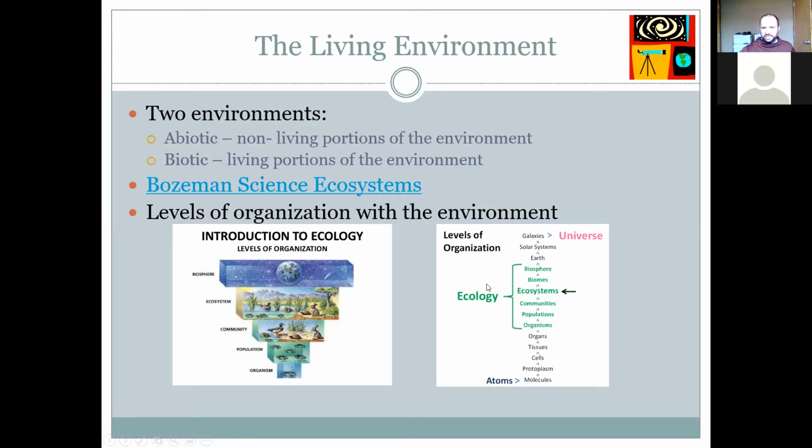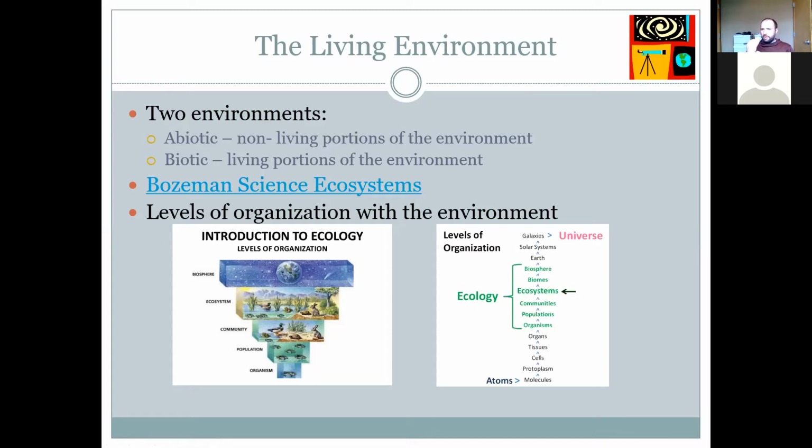And then this is what we're going to focus on today. Then we move even beyond that to the Earth, the solar system, the galaxy, the universe. So ecology focuses on this middle section, okay? So that's how things are organized within this classification of ecosystems.